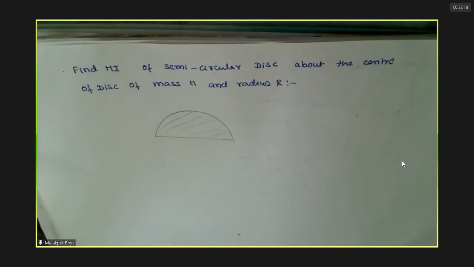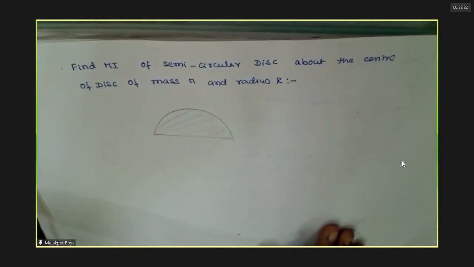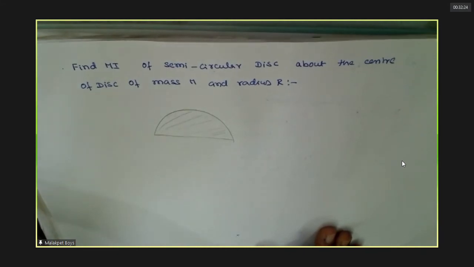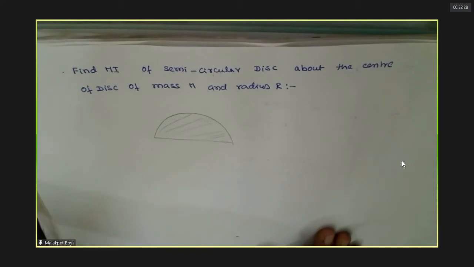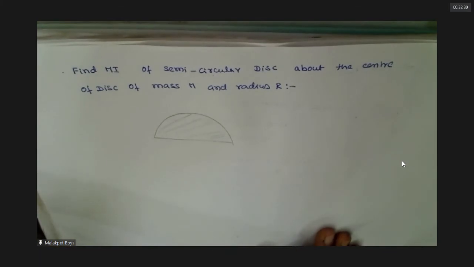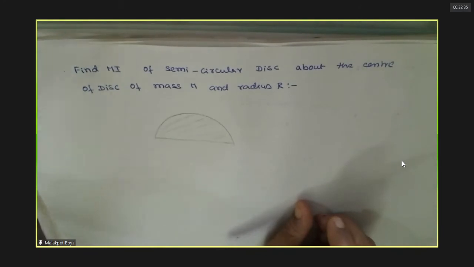We don't know about this really, and it's a big headache to integrate this. Now, can you construct any other object from this which is symmetrical and whose moment of inertia is known to us?